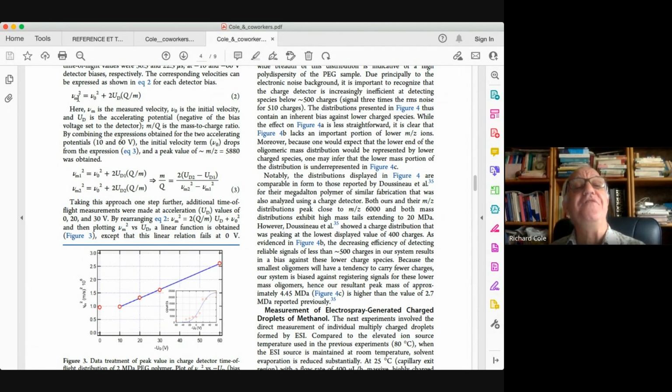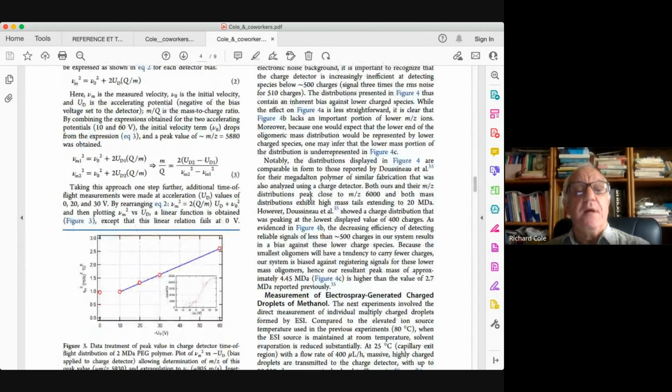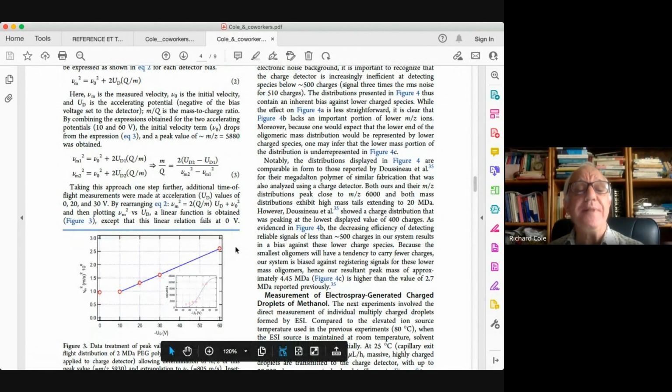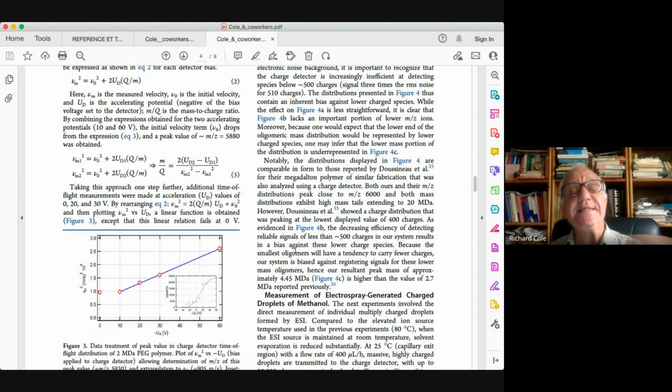So we can even evaluate our initial velocity from this plot. You can see that we have a good linear plot based on 4 points at 10, 20, 30, and 60 volts acceleration.